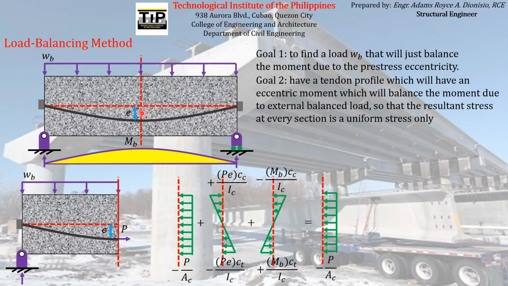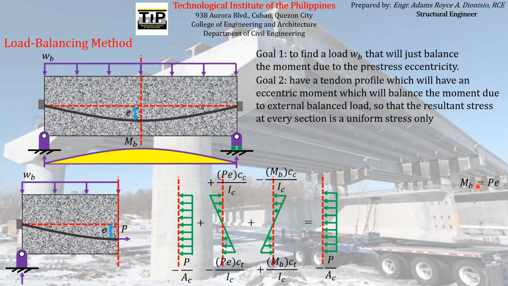Or in equation form, we can say now that MB, the balance moment at midspan, say for example, is now equal to the eccentric moment due to this pre-stress force acting at the pre-stressing reinforcement, which has a magnitude of P times E.